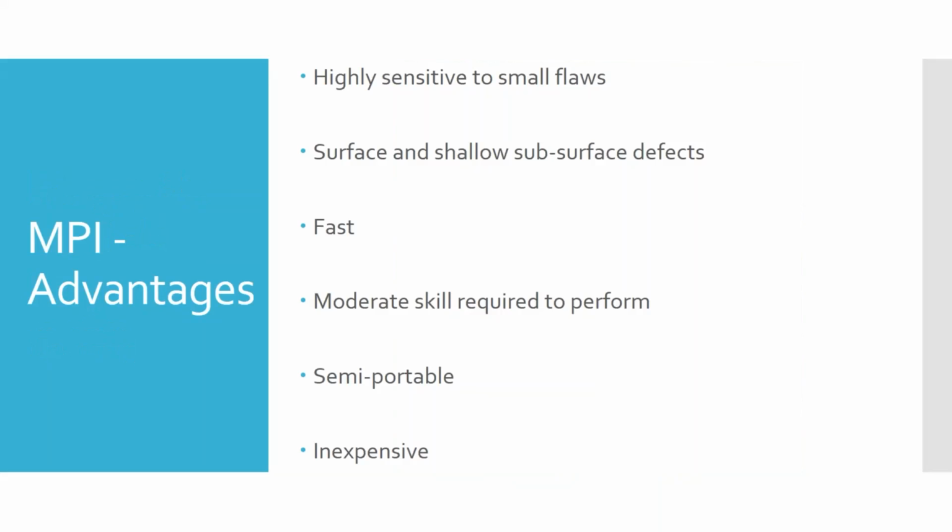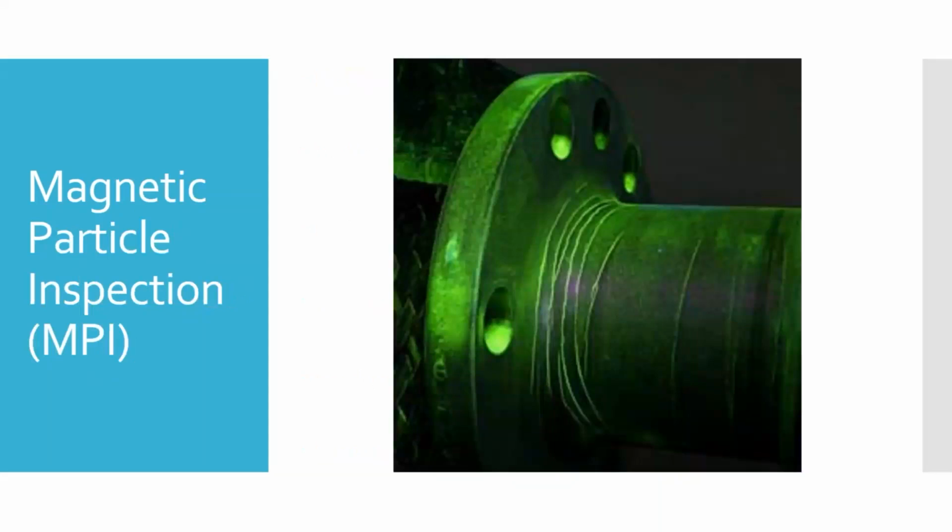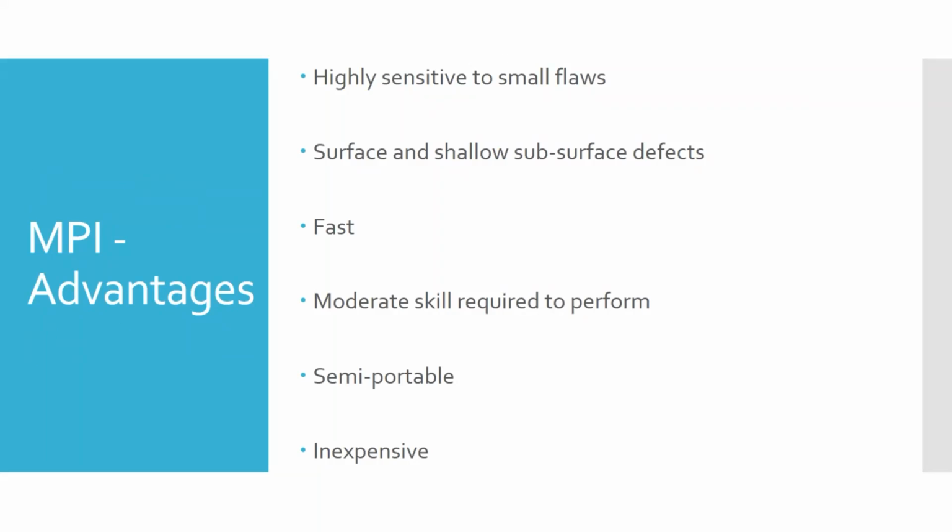So MPI, all these methods, each method's going to have a list of advantages and disadvantages. With MPI, you saw these cracks under black light; if we just had this part out under white light, they would not be visible. You wouldn't be able to see these with the naked eye. So it's highly sensitive to small flaws. It's primarily used for surface cracks, but you can find some subsurface defects at certain times.